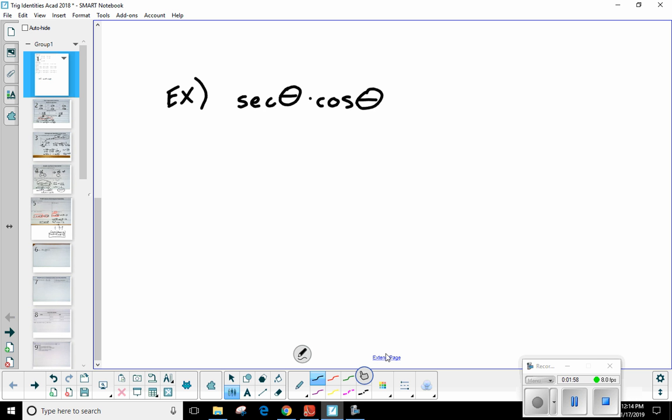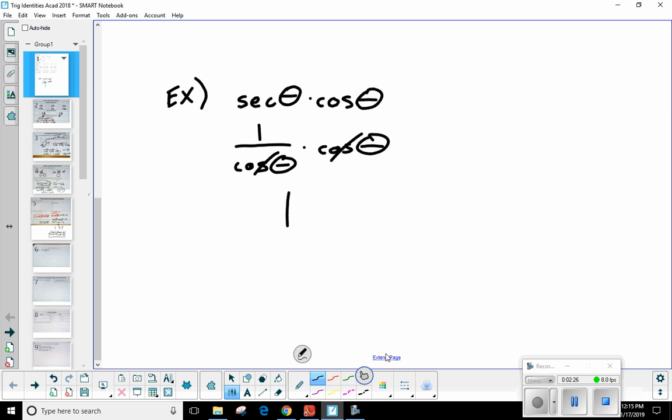I'm thinking probably the first category, the reciprocal. What is the reciprocal of secant? It is 1 over cosine. I'm going to leave cosine as is. One of the better strategies is just to rewrite everything in terms of sine or cosine if possible. And you'll notice what happens here. Cosines cancel, so that's just 1.